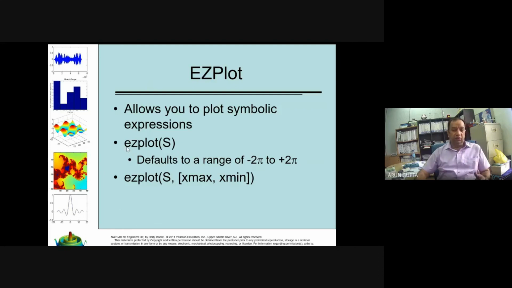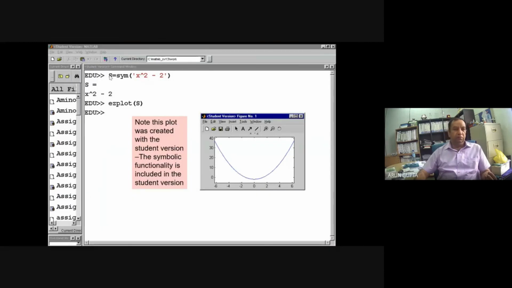So like if you want to plot something, you say EZPlot S. And if you want to give the range from where to where, X minimum to X maximum, then you need to write that down. So you'll see one example. Okay, you can write down S is equal to symbolic SYM, single quote, X square minus 2. Then you write down EZPlot S. Then you will get the plot. Okay, you try this example.